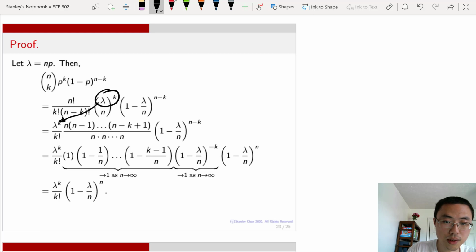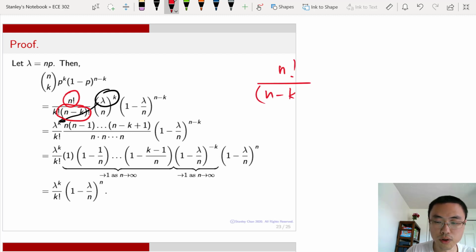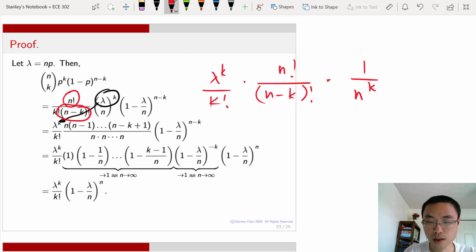And then you can look at the n factorial, and then you have n minus k factorial. That will give you what? Well, that will give you n factorial over n minus k factorial, and then you have 1 minus lambda over n to the power minus k, okay, because this lambda has gone out. So you have lambda to the power k over k factorial times this.